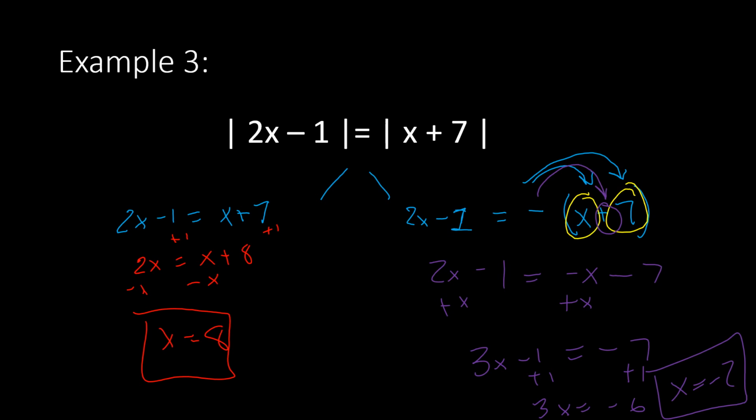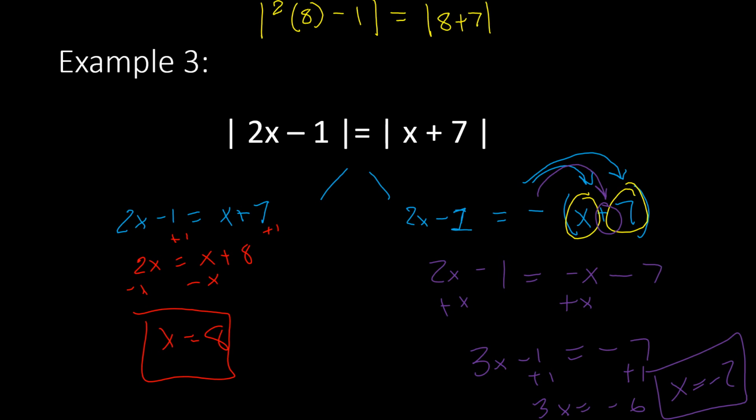Now, you may be wondering, how do I know these are correct? There are chances that one of the answers might be incorrect. So the only way to check it is by substituting in. So we can do 2 times 8 minus 1 equals 8 plus 7.